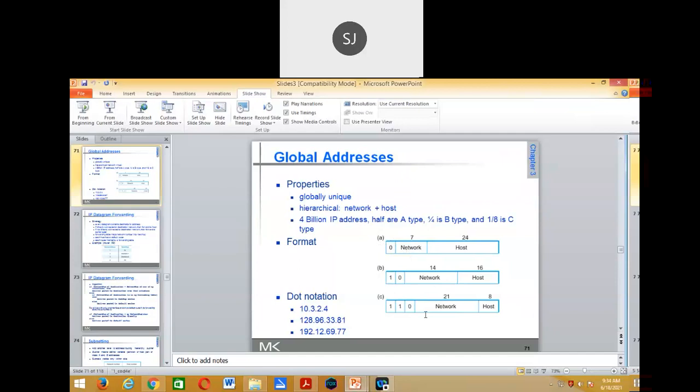If I go for class C for my organization, today I may have 100 hosts, which may be sufficient, because 8 bits are there for host ID. So 2 raised to 8 means 256 hosts I can address. That may be sufficient today. But tomorrow my organization grows and I suppose I have 300 hosts.